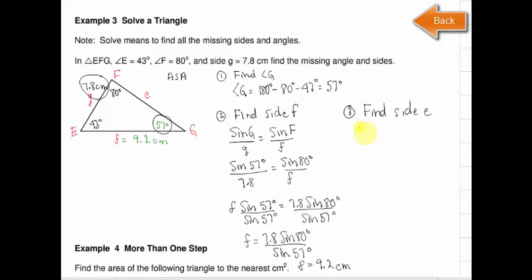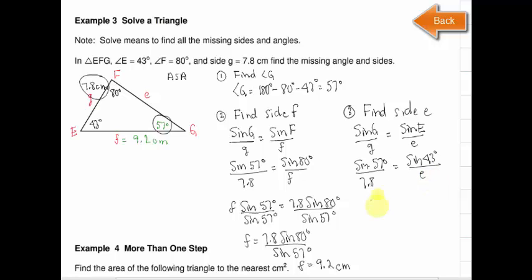It hasn't been rounded off. Okay, so I'm going to go sine of G over G equals sine of E over E. And so sine of 57 over 7.8 is equal to the sine of 43 degrees over E.